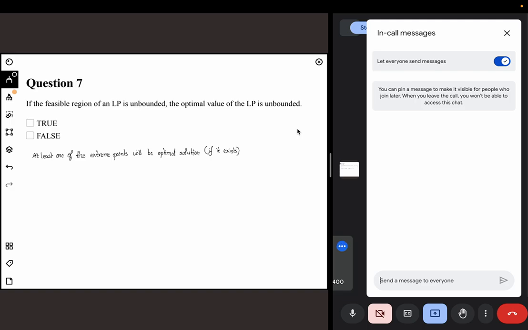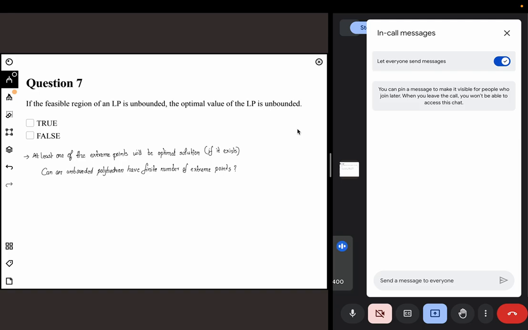So, using this statement, we can comment on this only if we can answer the question: can an unbounded polyhedron have a finite number of extreme points?